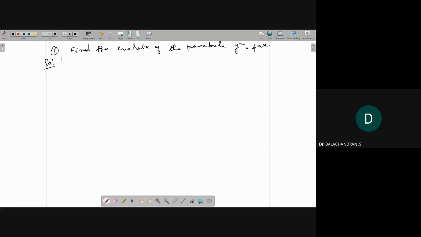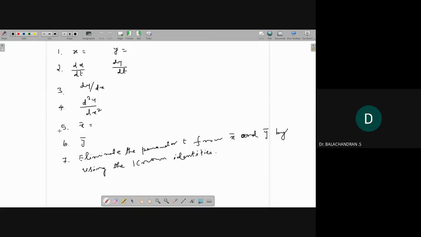Usually in the classroom, I will ask somebody some questions. I am going to split the whole problem into how many steps? Seven steps. For the first step and second step, somebody will answer. Up to the third step also, because up to dy by dx you can do it.